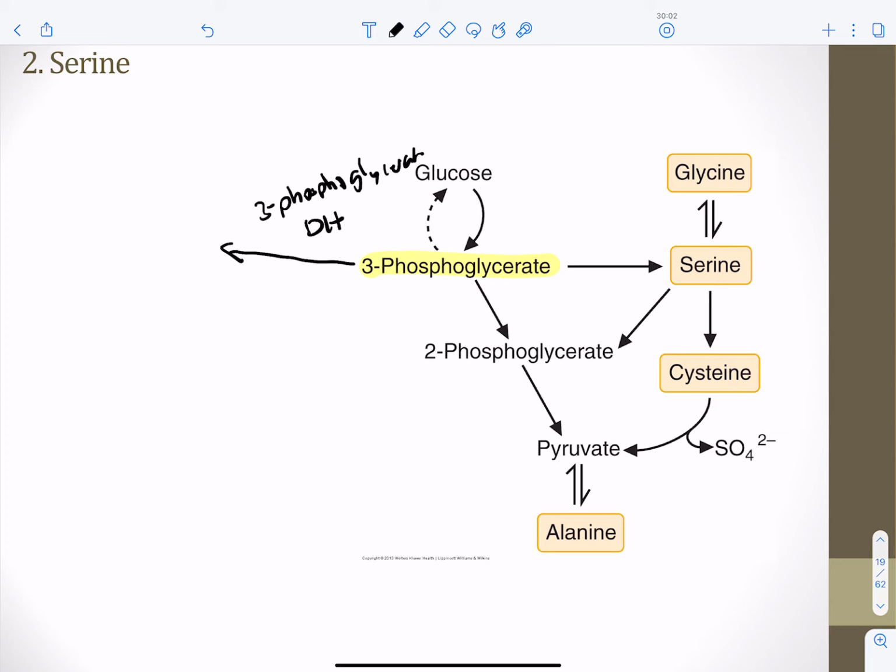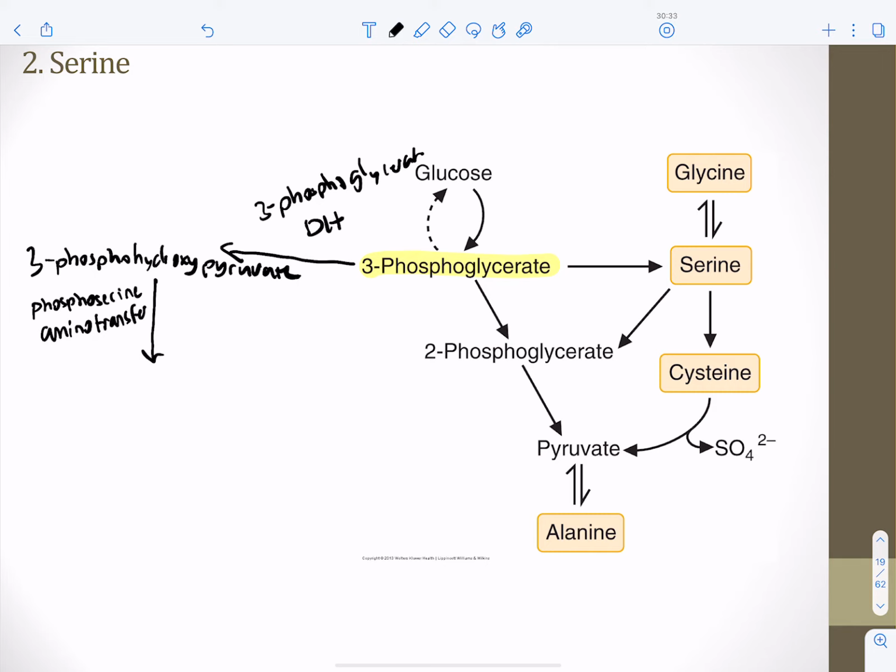So that's our dehydrogenase, and this is going to produce 3-phosphohydroxypyruvate. Then we're going to have a phosphoserine aminotransferase, and this uses glutamate to alpha-ketoglutarate.